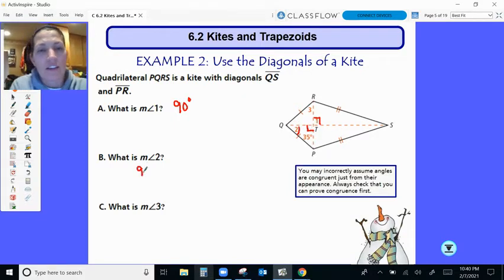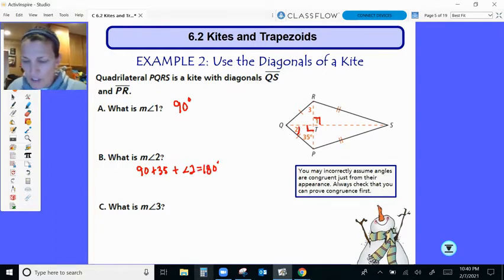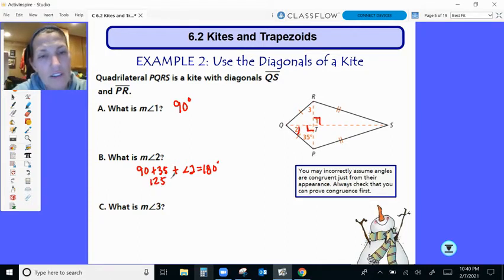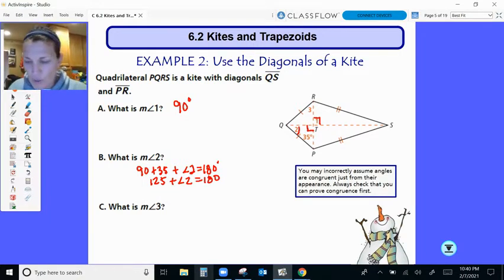So 90 plus 35 plus angle 2 should equal 180 degrees. 90 plus 35 gives us 125, plus angle 2 should equal 180. If I subtract that 125 from 180, I get 55 degrees. So my angle 2 should equal 55 degrees.